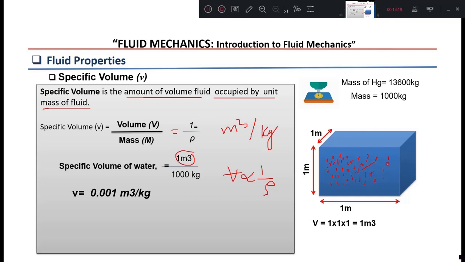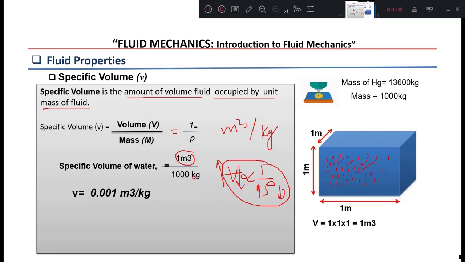The density increases and the specific volume decreases. Hence we can say the specific volume is inversely proportional to the density. As the density decreases, the specific volume increases. As the density increases, the specific volume decreases.